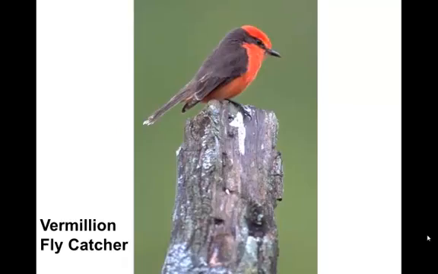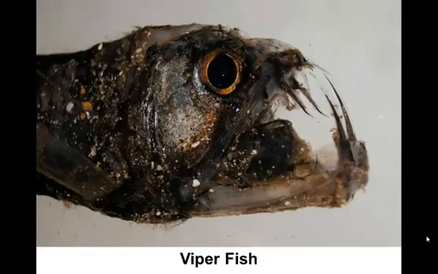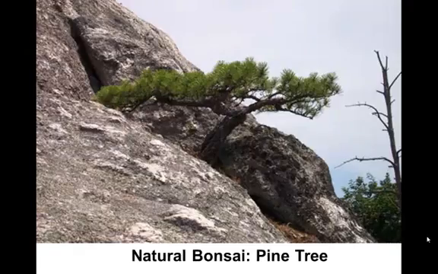Here is a vermilion flycatcher, one of the birds of the Southwest that people come from all over to go birding here in Cochise County. Here's a viperfish, one of the fishes of the abyss, lives in deep water and has the capacity to take larger prey. Here is a natural bonsai.